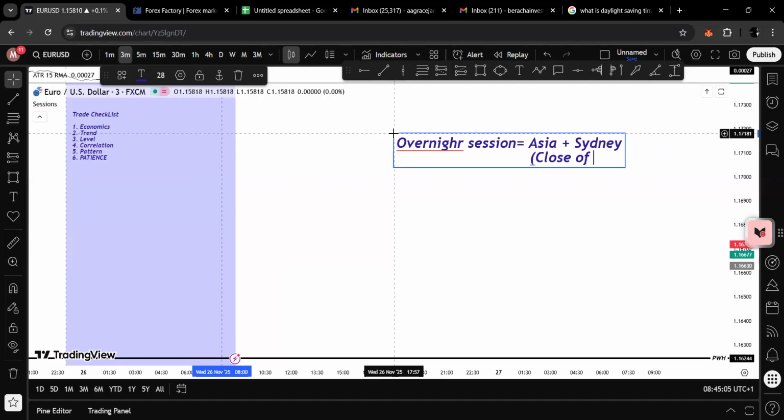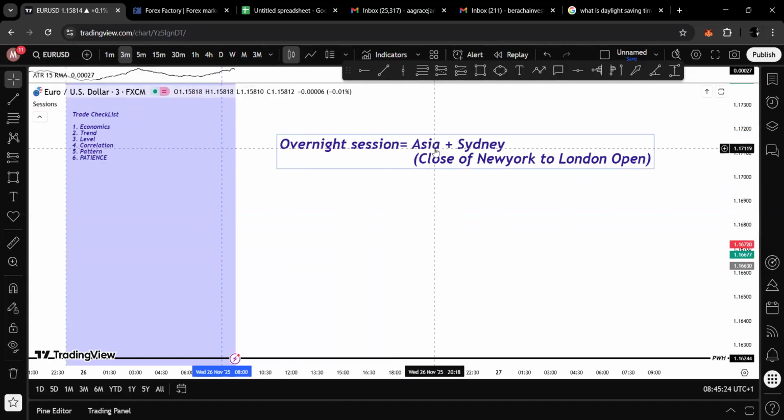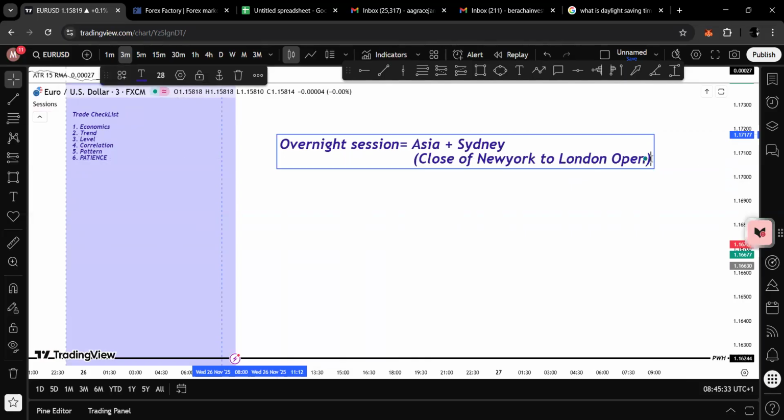The close of New York to London Open. Very simple. So overnight session is Asia session plus Sydney session, and it's the close of New York to London Open. So anytime the thing happens, right? So right now it's going to be from 11 p.m.